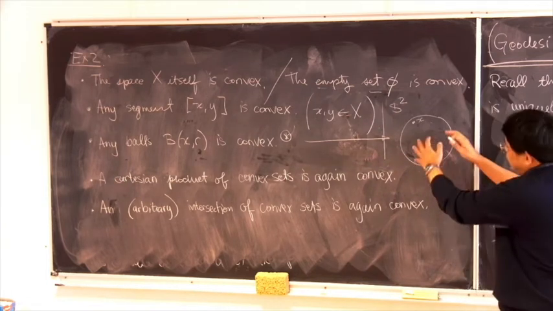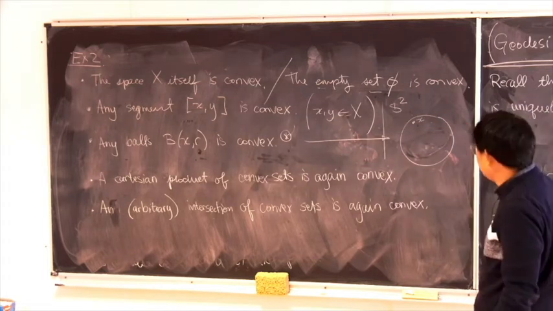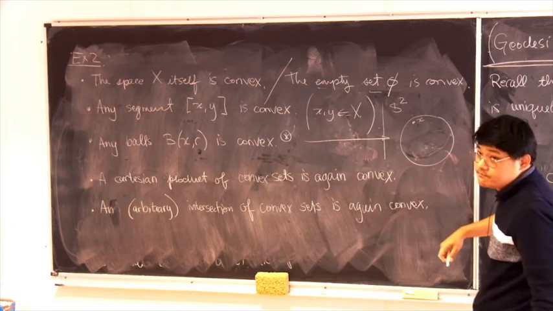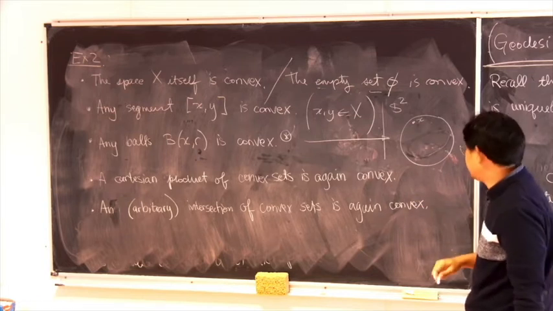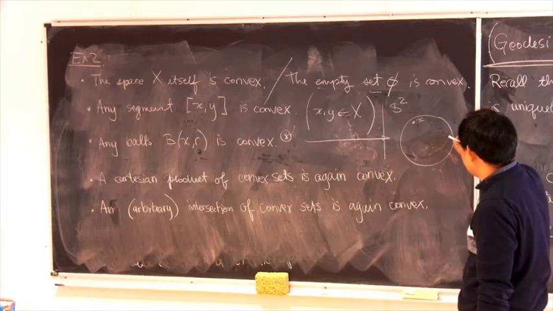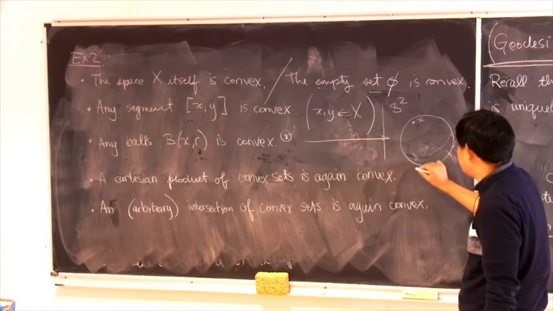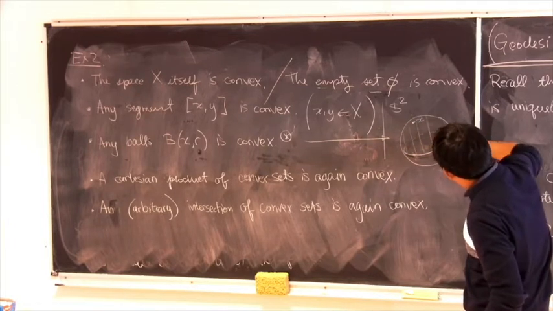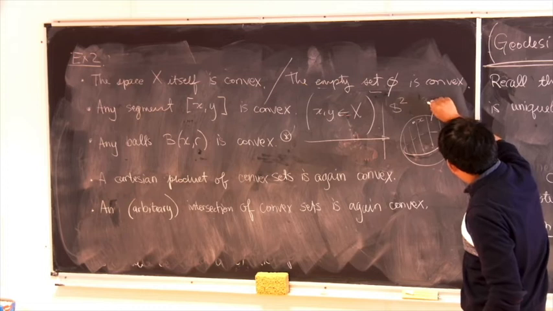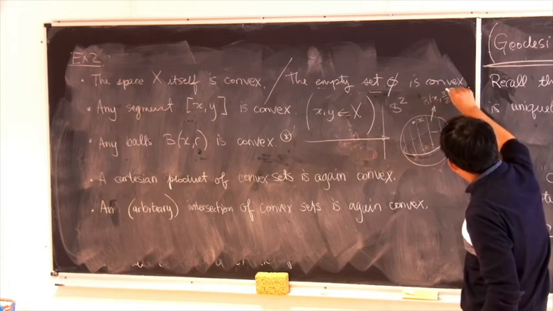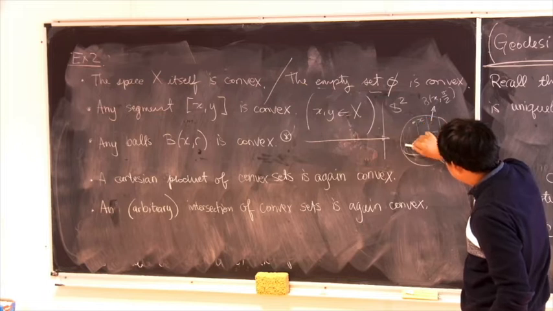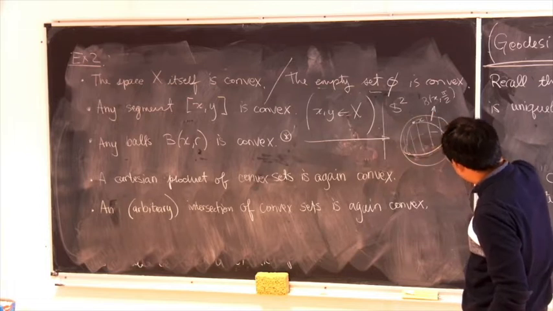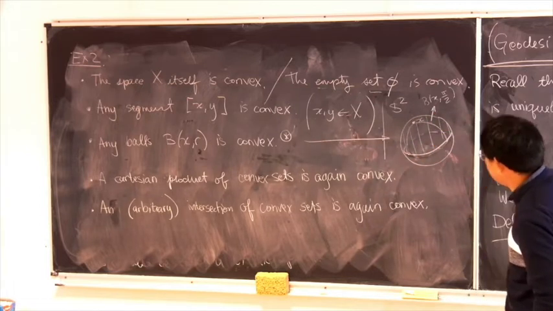And then we take a ball with radius r larger than or equal to pi over 2. Actually, we can take pi over 2, and you can still see that it's not convex. So the upper hemisphere is the ball of x with radius pi over 2, right? Because when you measure the distance from x to any point on this line, the length here will be pi over 2.